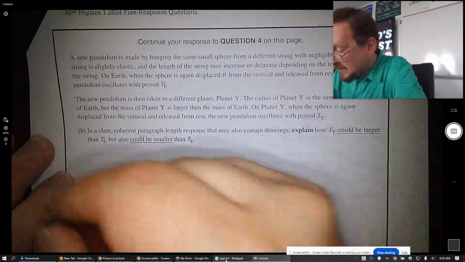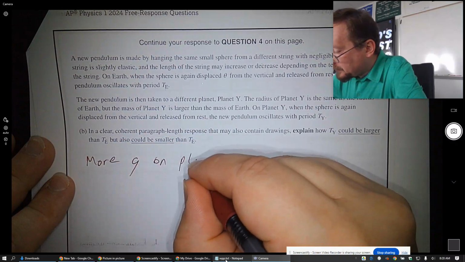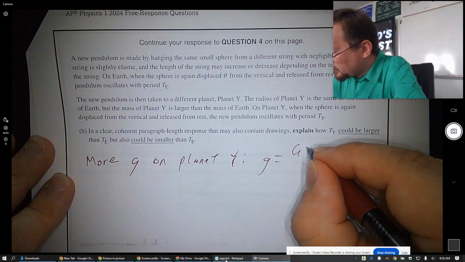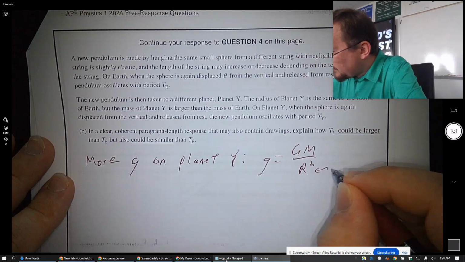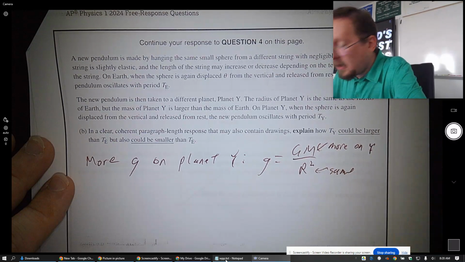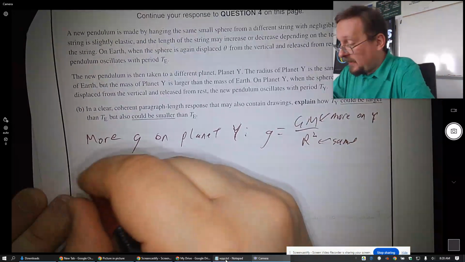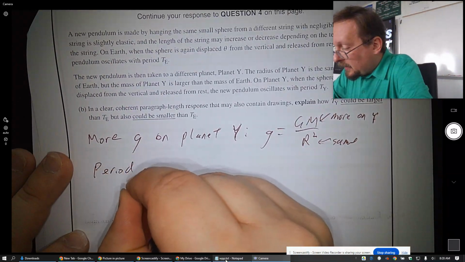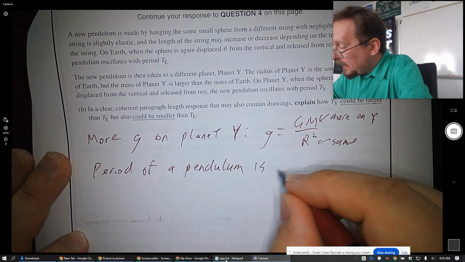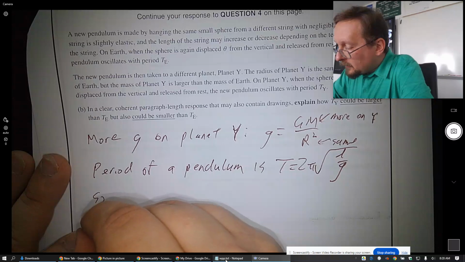Okay, so here's the key. There's more gravity on planet Y, and again we show that with g equals GM over R squared. This is the same. This is more on planet Y. So there's more gravity on planet Y. Now, I'm going to say this. The period of a pendulum is T equals 2 pi radical L over g.